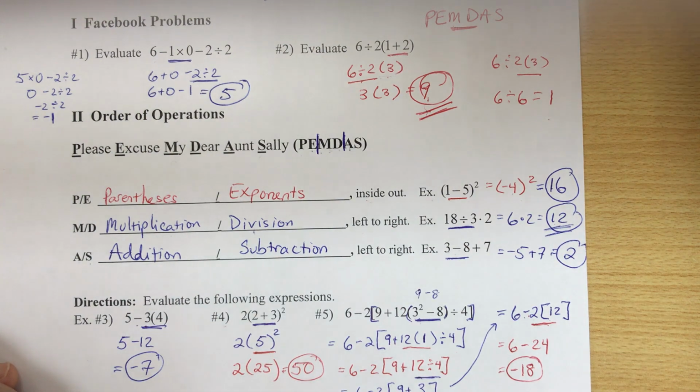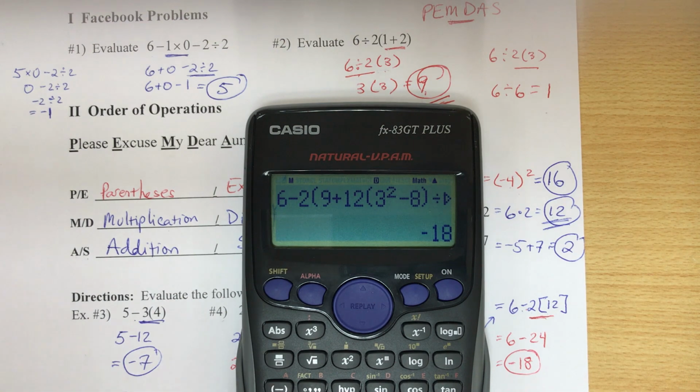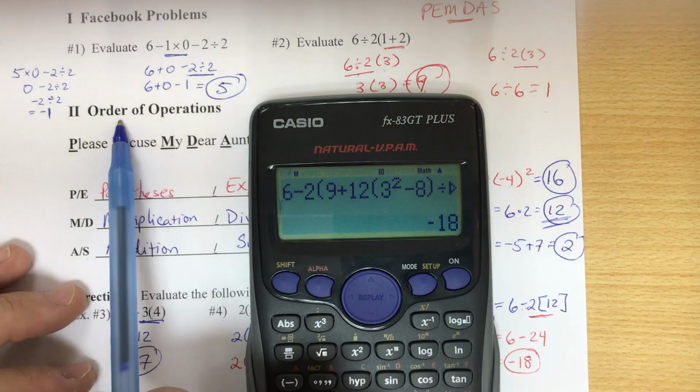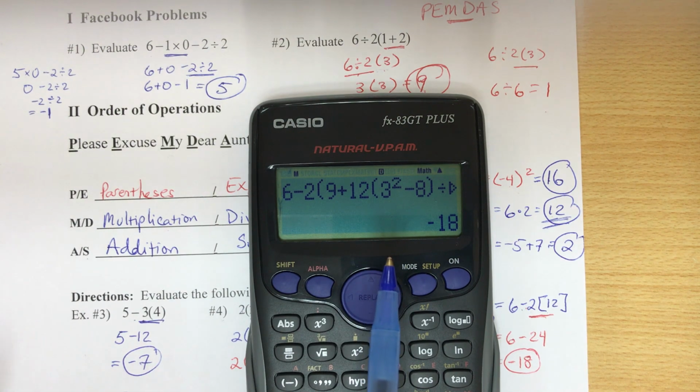Because as you can see from some of our problems, this was the long one here, there are a lot of places where you can make a mistake by not putting parentheses or by not putting a correct subtraction sign or even a negative sign. If you don't understand the order of operations, you will mistype on the calculator and you will get the wrong answer.